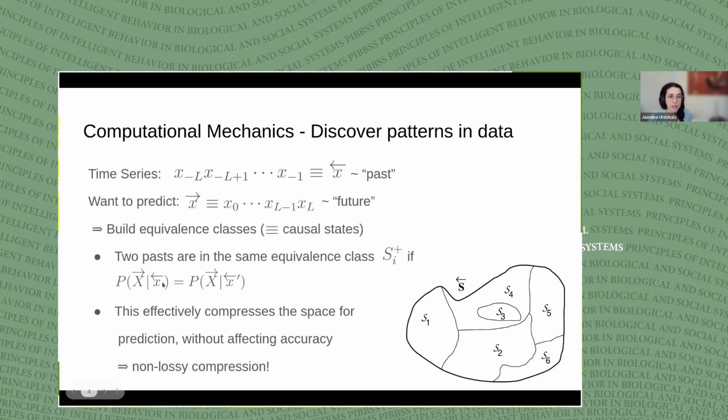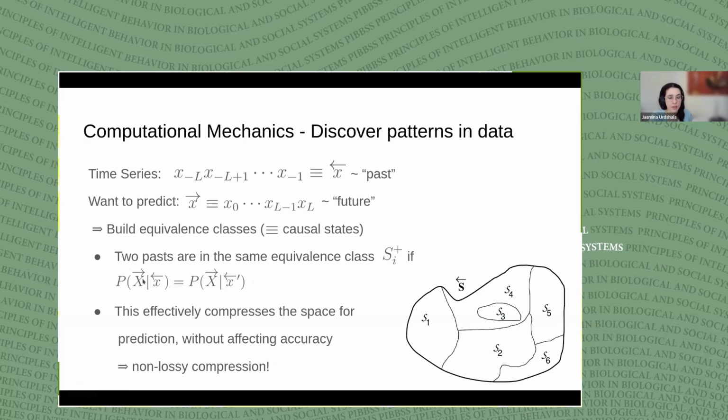They can differ by a single symbol or more, but the important bit is that we have, for example, two pasts, x and x prime, and if we condition on these two pasts and find the same distribution over futures, so in other words, this equation here that I'm pointing at is valid, then these two pasts belong in the same equivalence class. We denote that equivalence class by S with a superscript of plus.